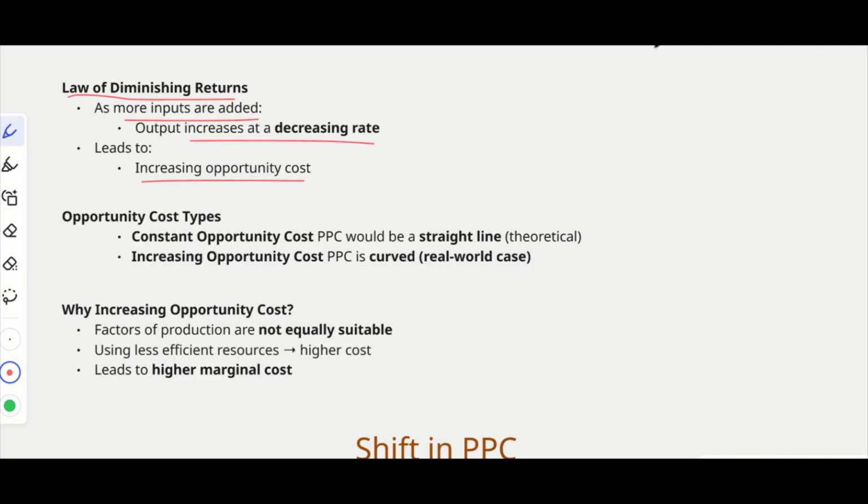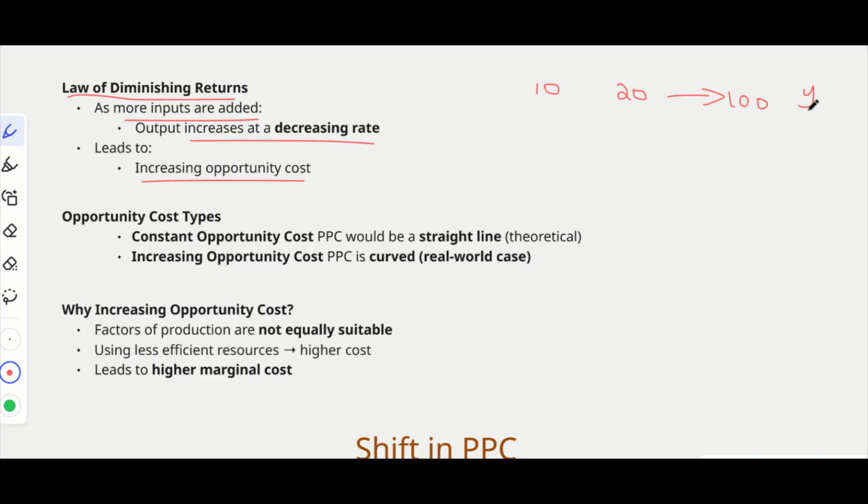For example, here we are talking about the inputs. If I'm adding, for example, 10 labors and 20 capital, I could make 100 units of any commodity X or Y. Let's take it as such.